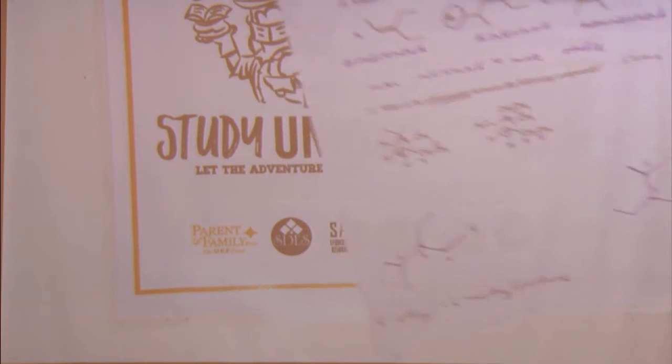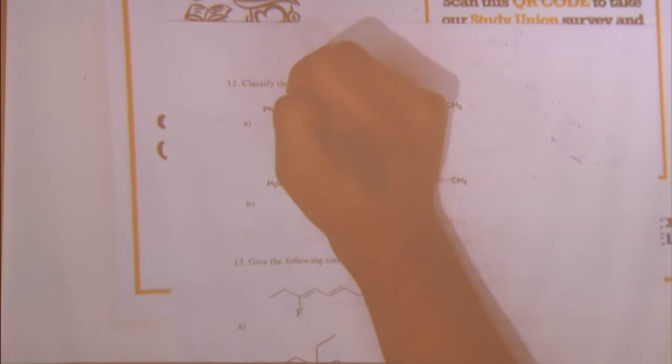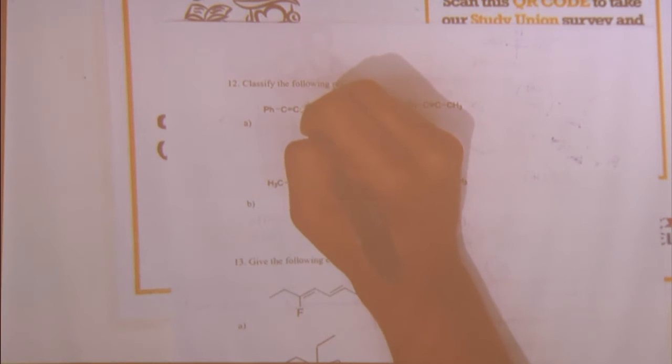So moving on. This is more like classifications of reactions. So in this first reaction, immediately we see we have a nucleophile because we have the lone pair and the negative charge.